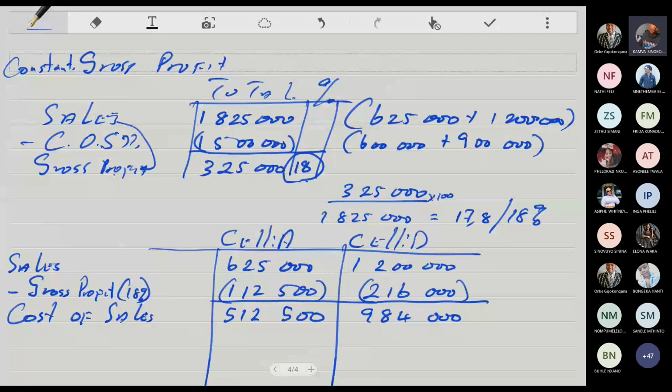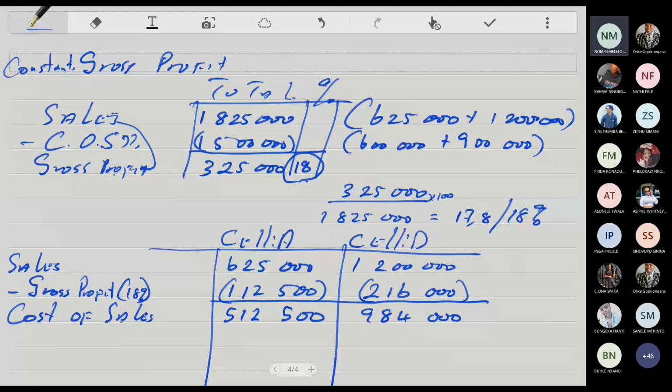Further cost and joint cost. That's correct. This was our joint cost, and this was your further cost. That's what makes up our cost of sales in this chapter.